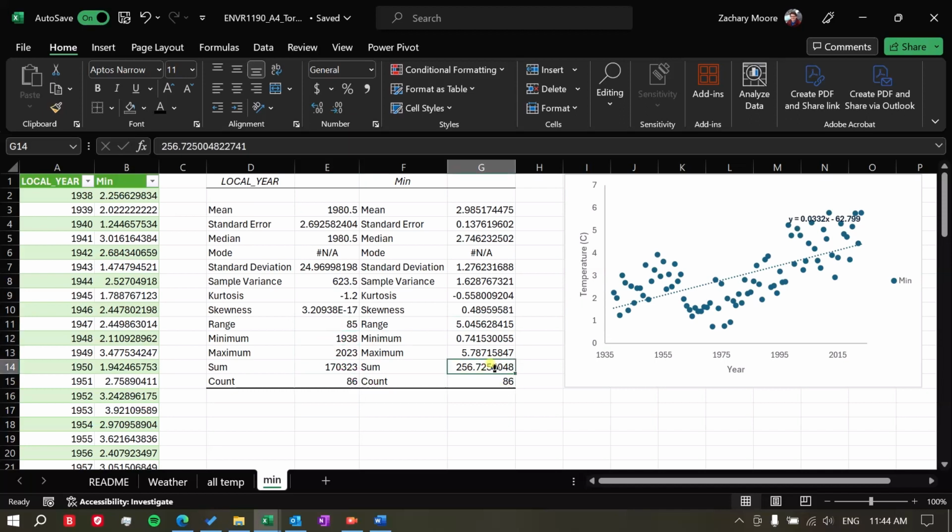So this is a good way to assess your data and ask, do these values make sense? Does it make sense that for the average daily minimum within each year, our minimum value is 0.74 and our maximum value is 5.78? That seems to make sense to me. We have this range of about 5 degrees here, and we can see that on our chart where we have our minimum and our maximum.